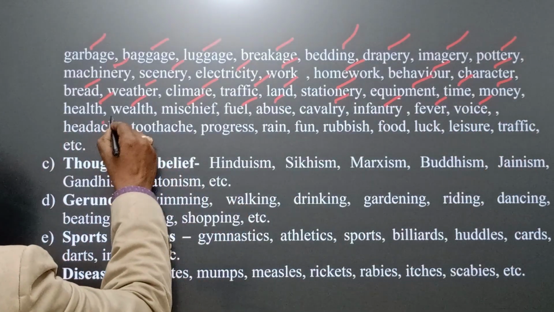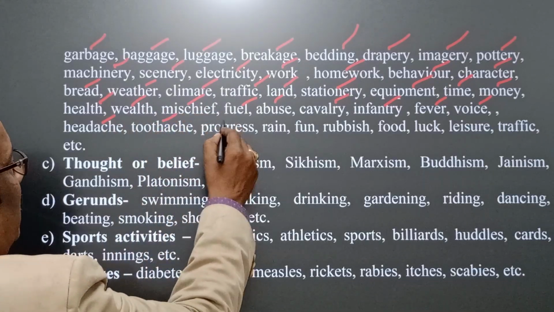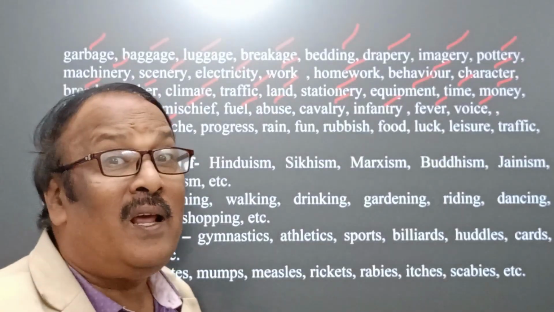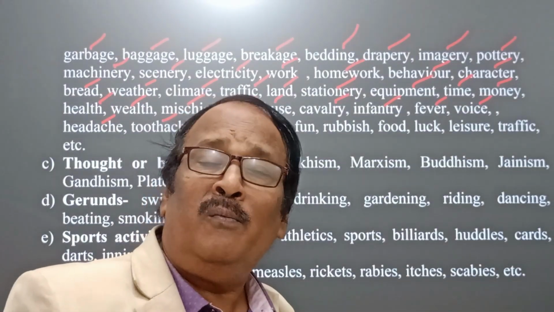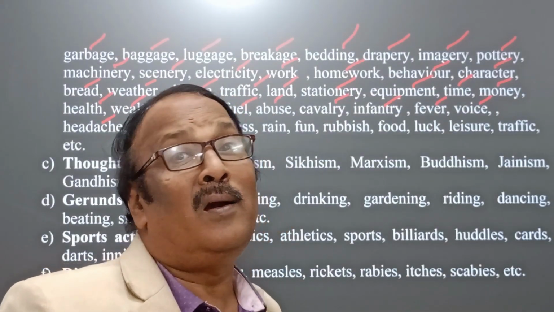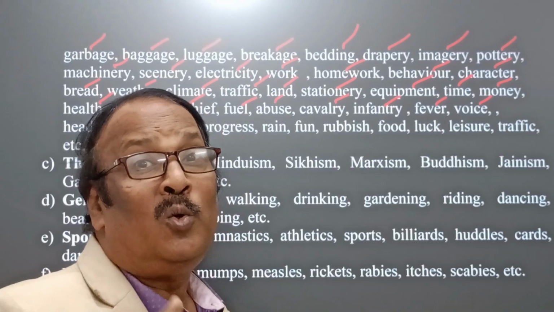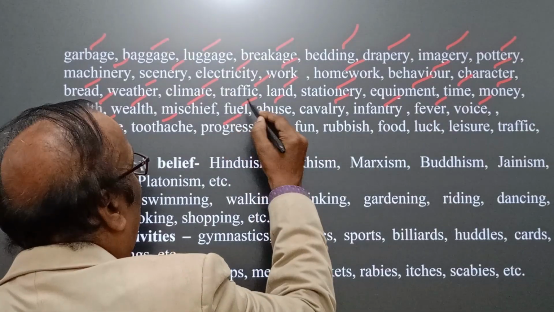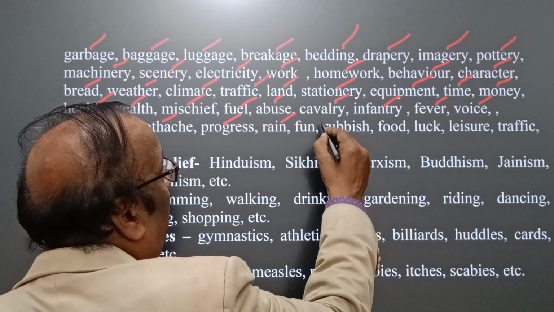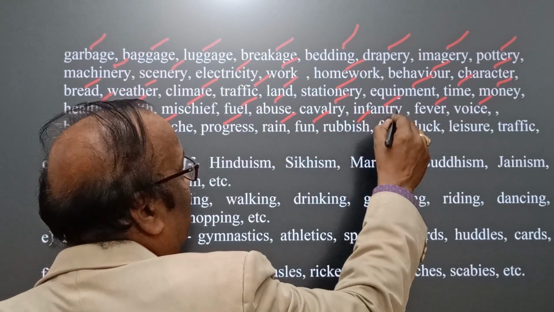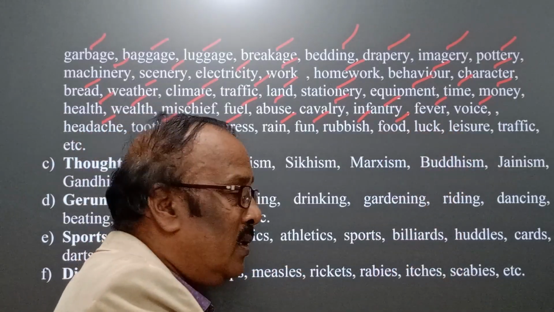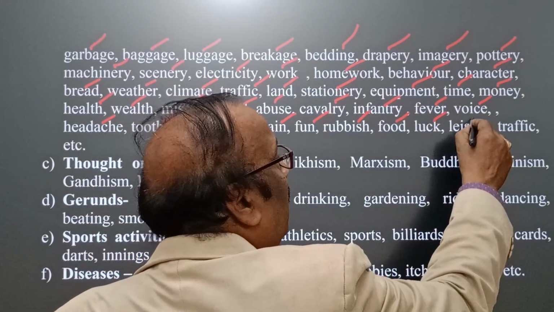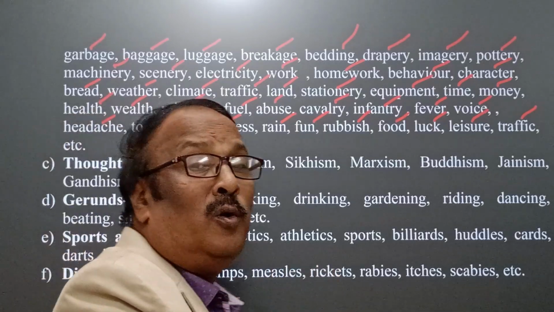Yes, headache, toothache. Yes, we cannot count the toothache. The pain can be felt, but it cannot be expressed through 1, 2, 3, 4. Yes, next, progress, rain, fawn, rubbish, food. Yes, luck, leisure, and so on.